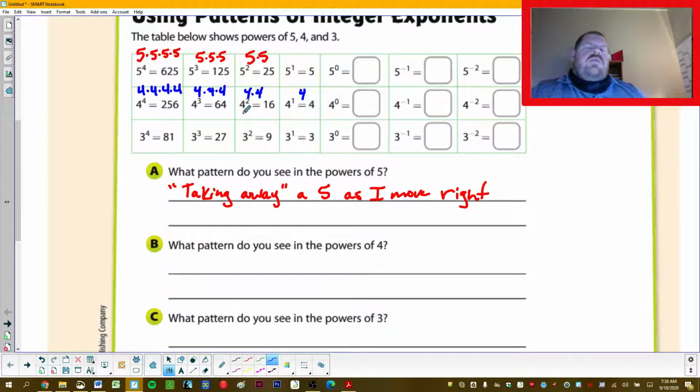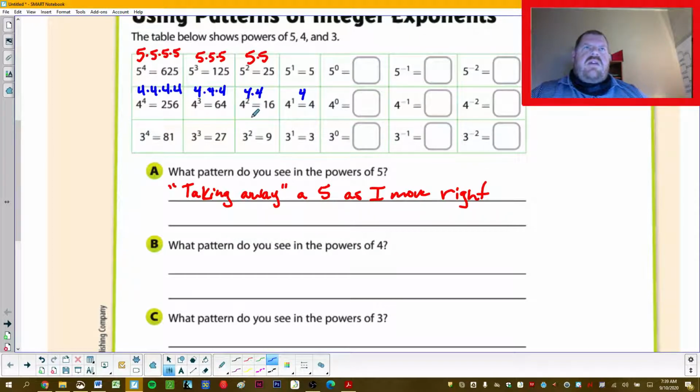When I multiply those strings of 4s together, I do know that 4 times 4 is 16. You could do some work, 4 times 4 is 16, times 4 is 64, and the same thing with 256. But that's a big number, and we might not know that right off the top of our head. But again, I see this idea of taking 4s away from my list of multiplication.